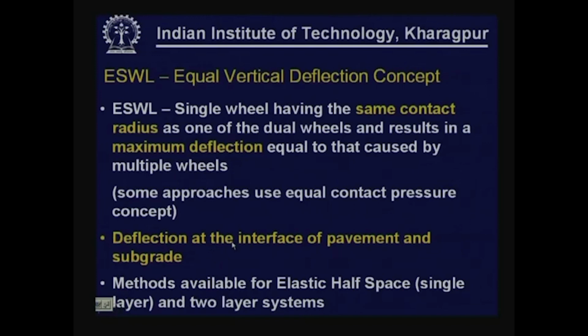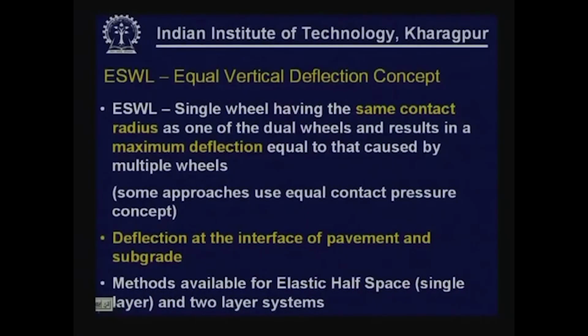Normally we calculate the deflection at the interface of a pavement or at a specified depth in the pavement system if it is only single layer system. So if it is a single layer system, we calculate the deflection at a specified depth. If it is a pavement and the subgrade, a two layer system, the deflection will be calculated at the interface.